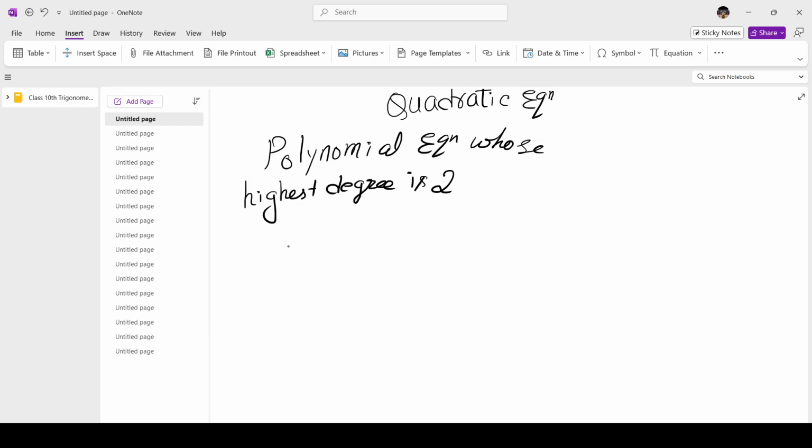Just suppose if the equation is ax square plus bx plus c, where a is not equal to 0. Okay.